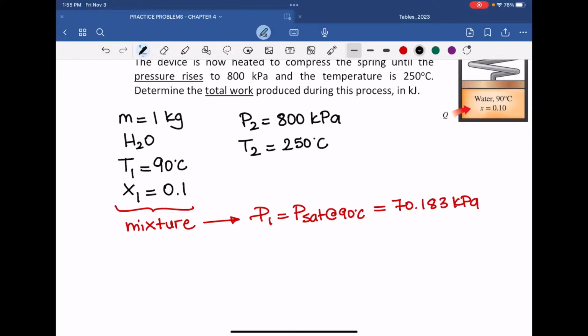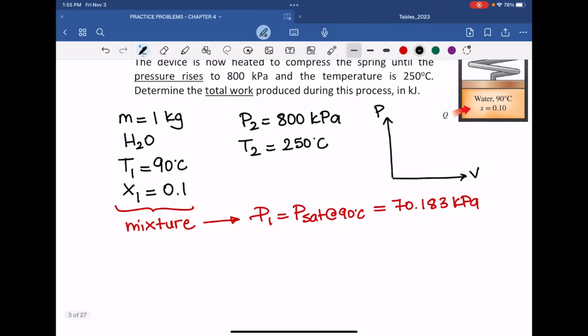Because our goal is essentially to be able to plot a PV diagram so that we can find from the area underneath it what is the boundary work.